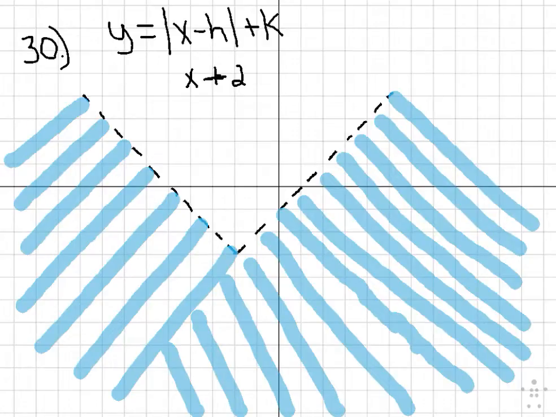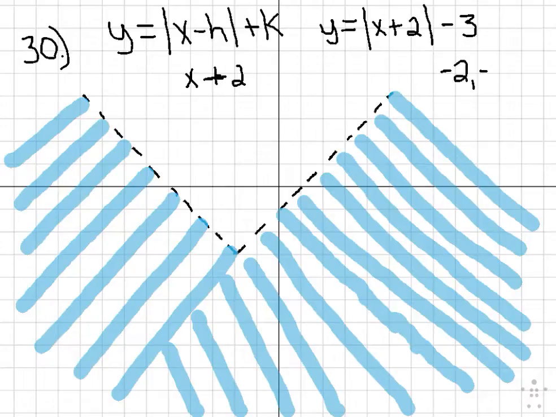So what I have then is y equals the absolute value of x plus 2, the same thing as minus a negative, and then plus k, so plus negative 3, or we could just say minus 3. So my (h, k), we said, was negative 2, negative 3.